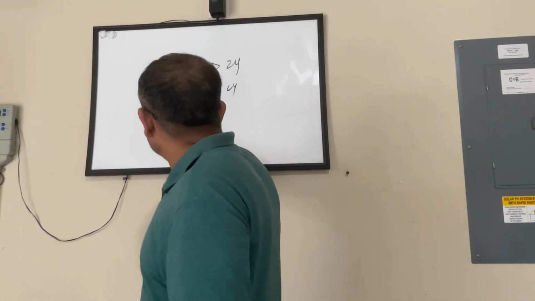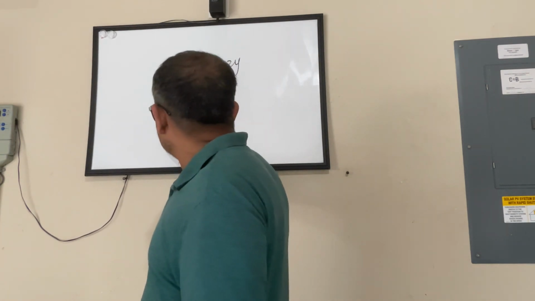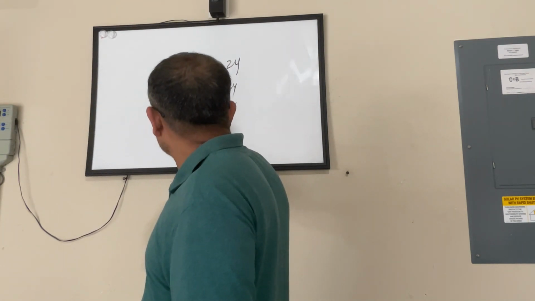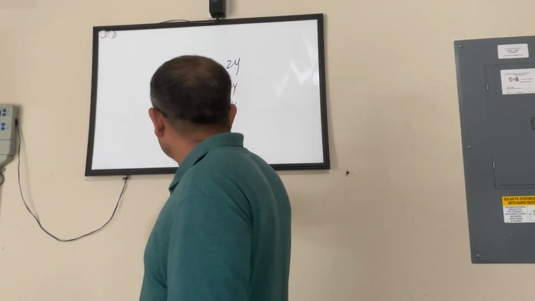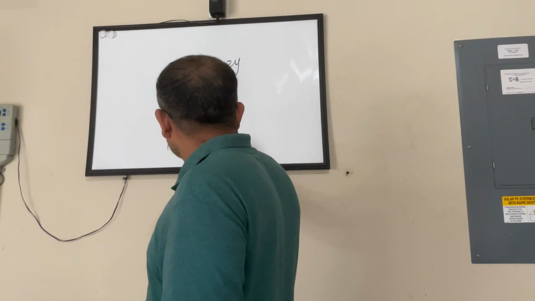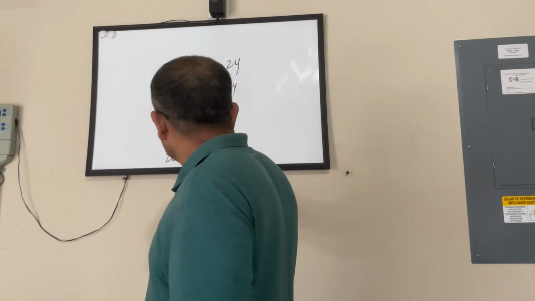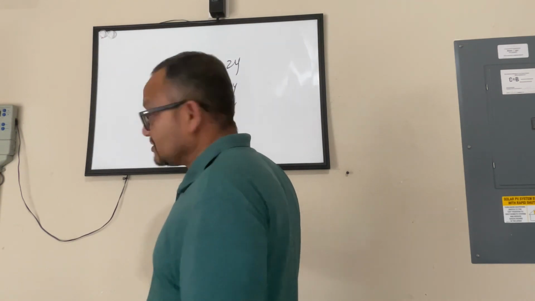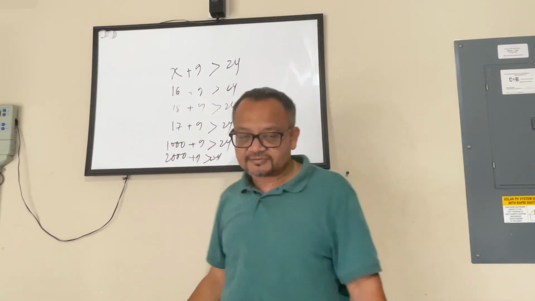If x is 18, greater than 24. x is 17, greater than 24. x is 1000, it is still greater than 24. x is 2000, still greater than 24. And I can still go on.